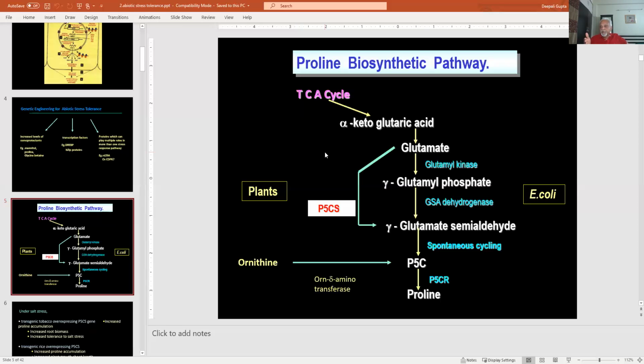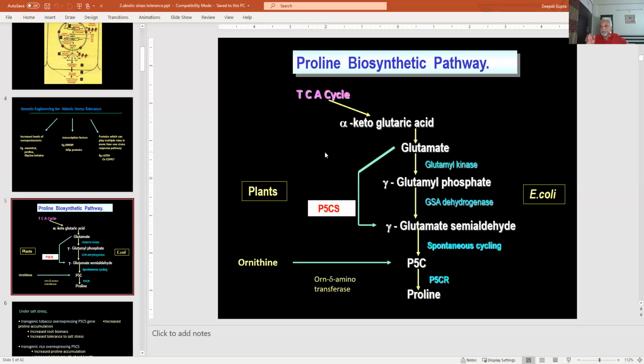Now, why were the root nodules of mothbean used? Because these nodules are produced as a consequence of rhizobium plant interaction, which does the nitrogen fixation. And in these nodules, they found a high level of proline accumulation. So proline accumulation is seen not only for abiotic stresses, but also for biotic stresses.